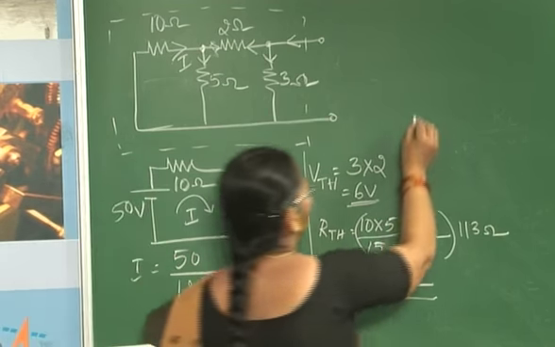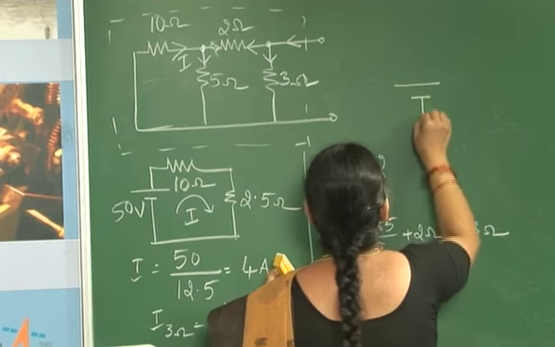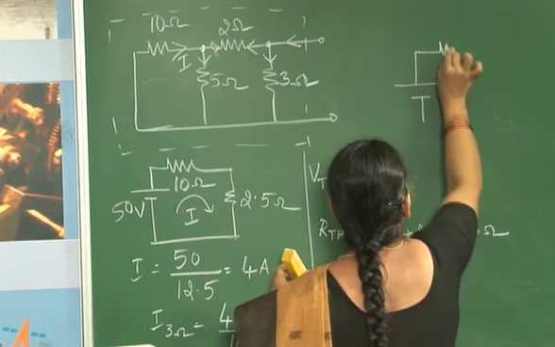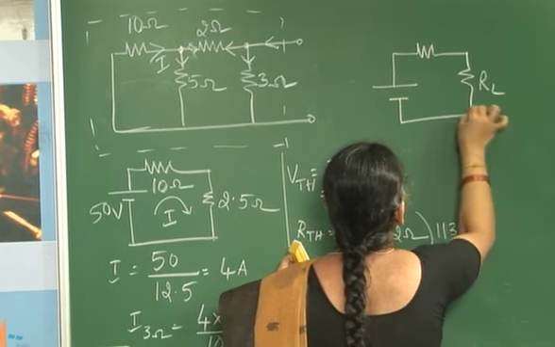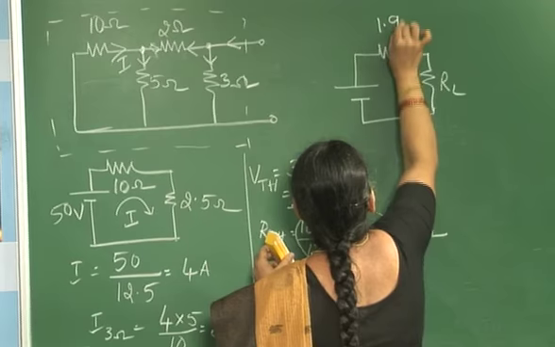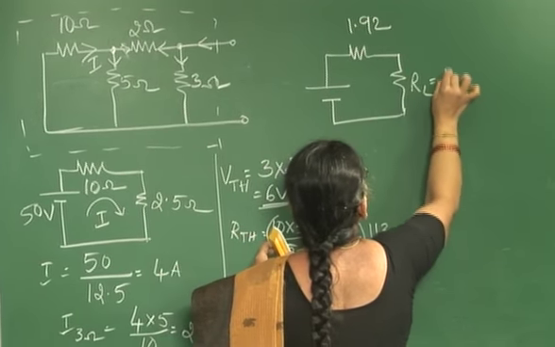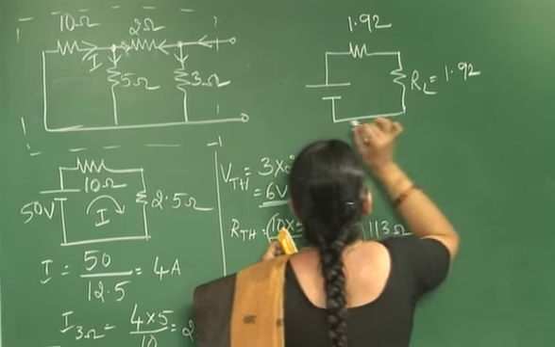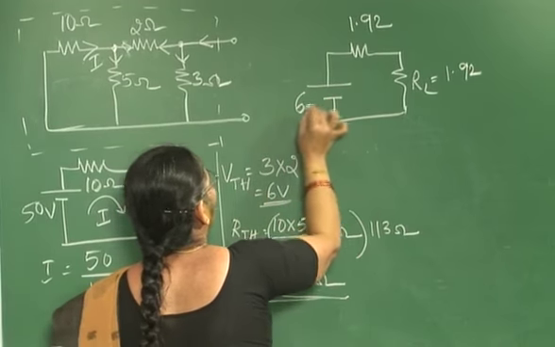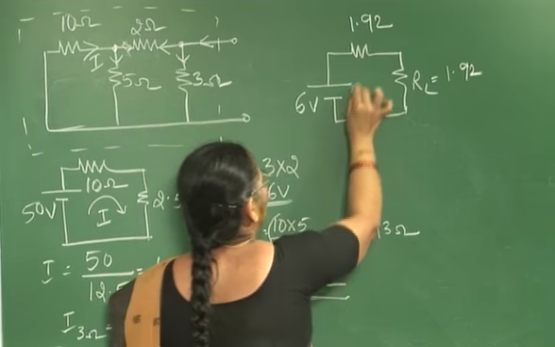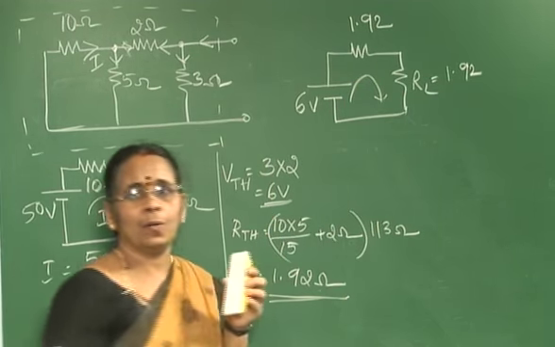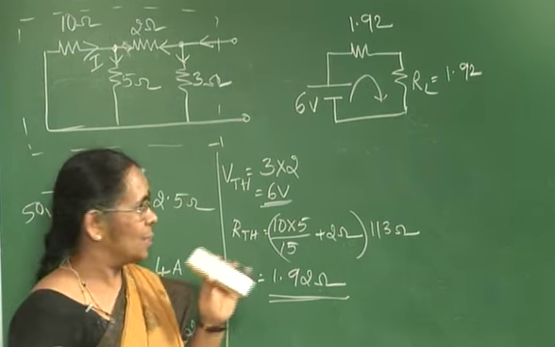Once you find the value of RL, replace this entire circuit by V Thevenin and R Thevenin with RL. So R Thevenin is 1.92 and RL is also equal to 1.92 ohms, and the voltage value here is equal to 6 volts. Then the next step is to find out the maximum power which is being transferred.